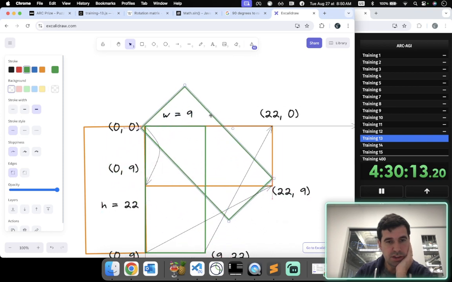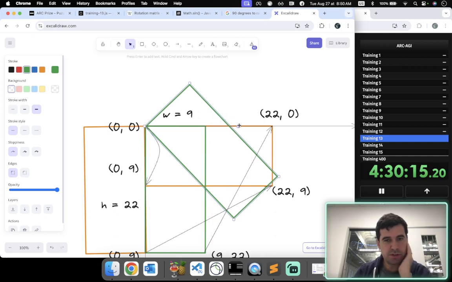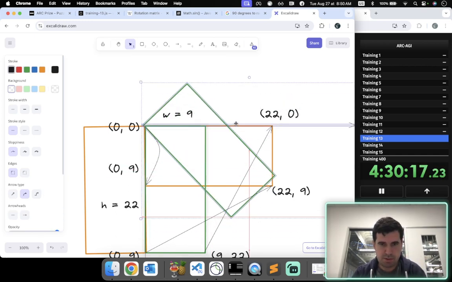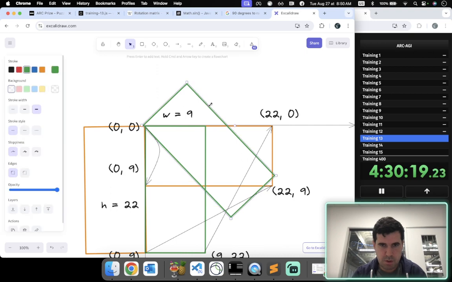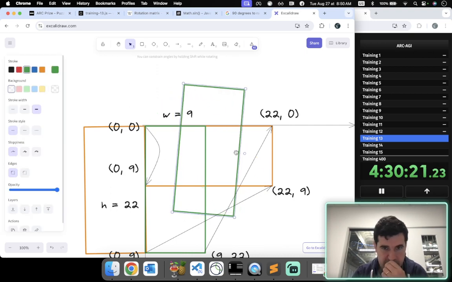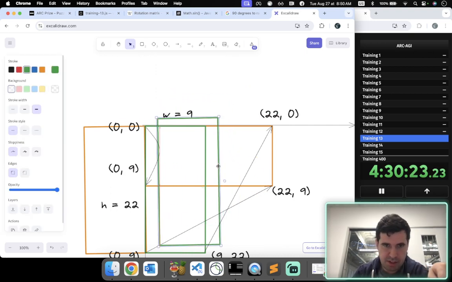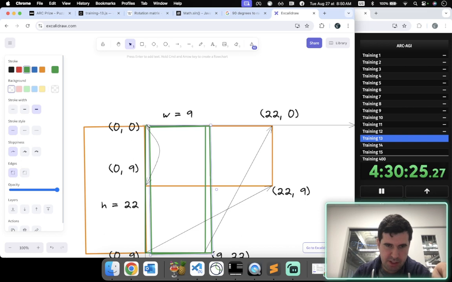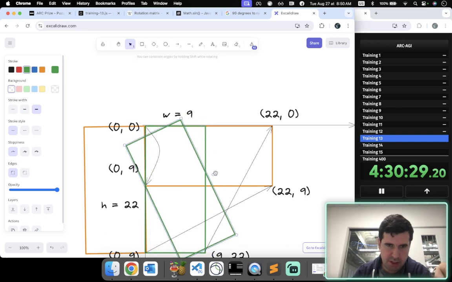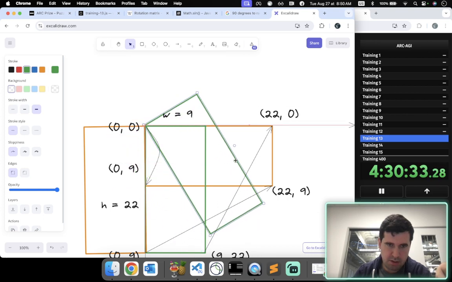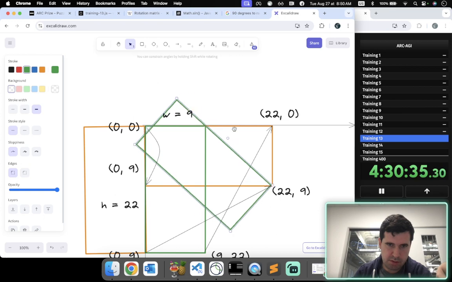No, wait. Oh, okay. So this is 0, 0. So 0, 0 is here. And then we rotate across 0, 0.